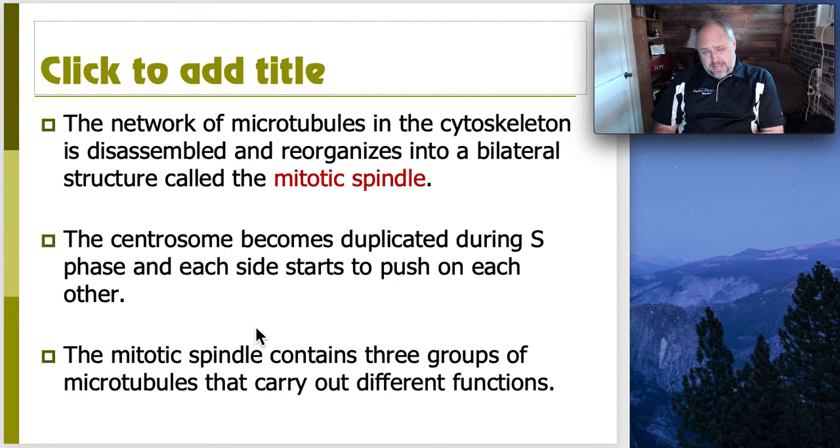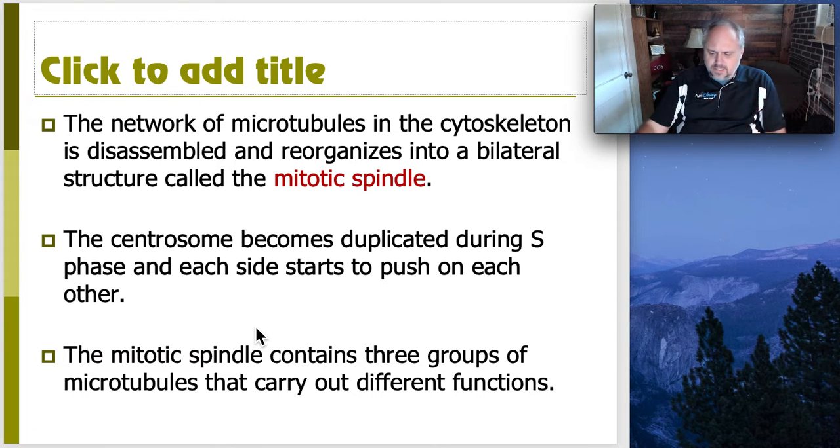And if you think about it, they're really doing what they normally do, where you remember the centrosome in a normal cell has these microtubules basically radiating out from them, and yeah, they crisscross a little bit in a normal cell. In this case, each half of the spindle, these centrosomes are going to radiate microtubules out from them.